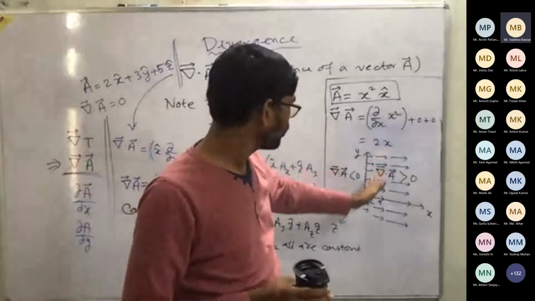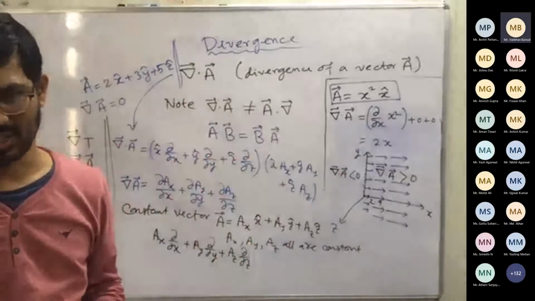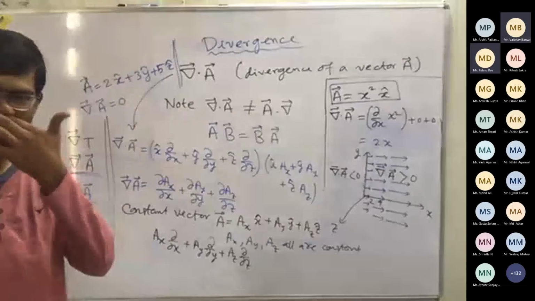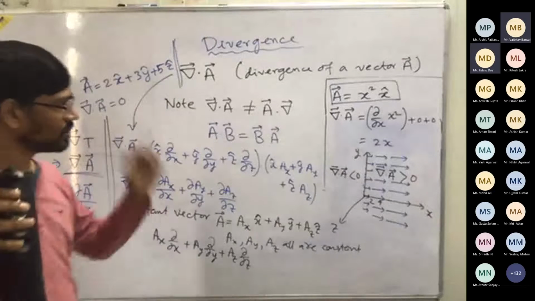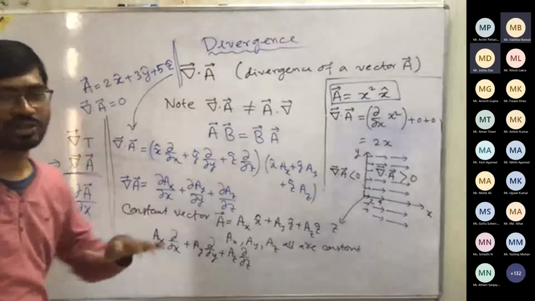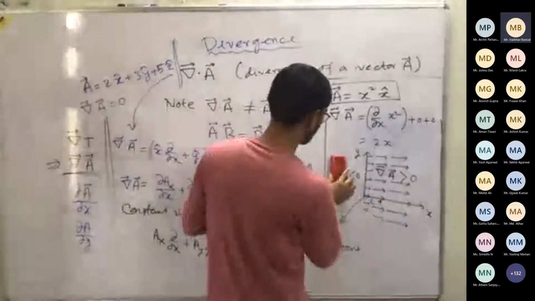At point x equal to 0, there is no divergence or convergence. Sir, can we say that at the left of the x-axis there is convergence because the value is continuously decreasing? It is not tending to some value. Oh, sorry. Yeah, that's right. Sorry, my mistake.